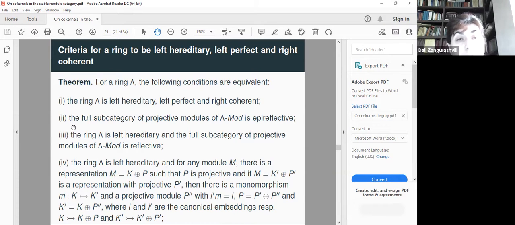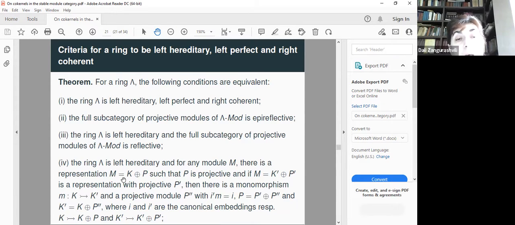The second condition asserts that the full subcategory of projective modules of the category of modules is epireflective. The third condition asserts that the ring is left hereditary and the full subcategory of projective modules of lambda-modules is reflective.